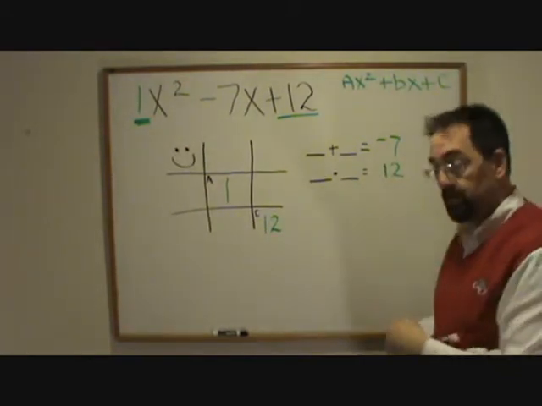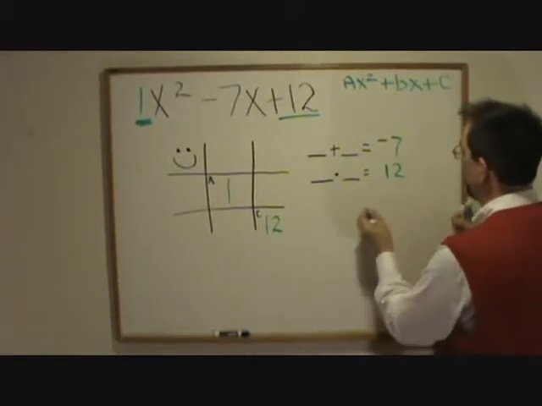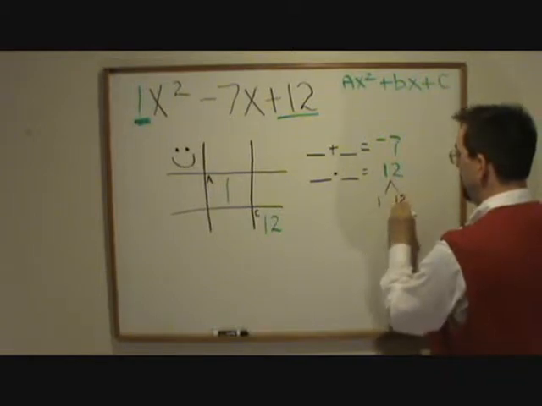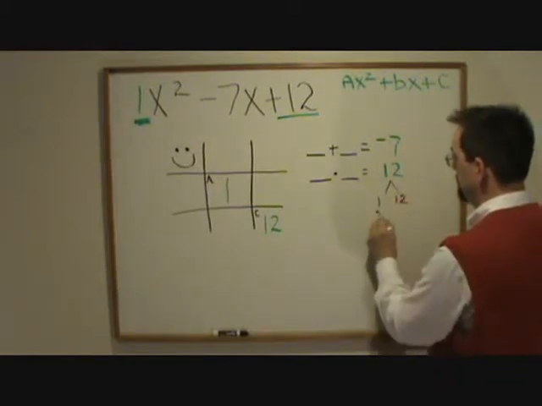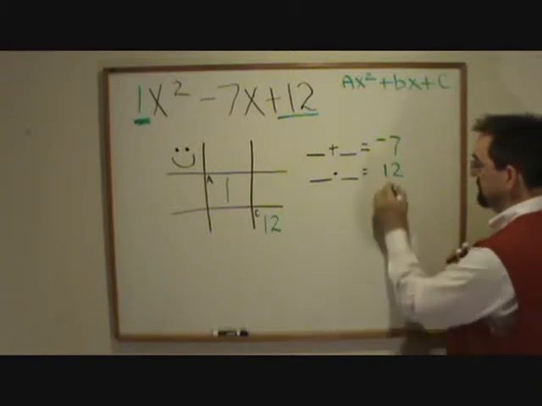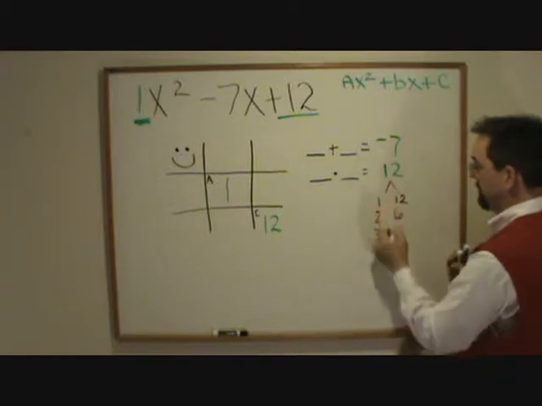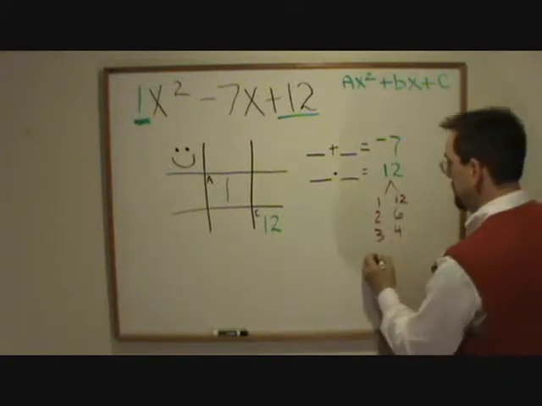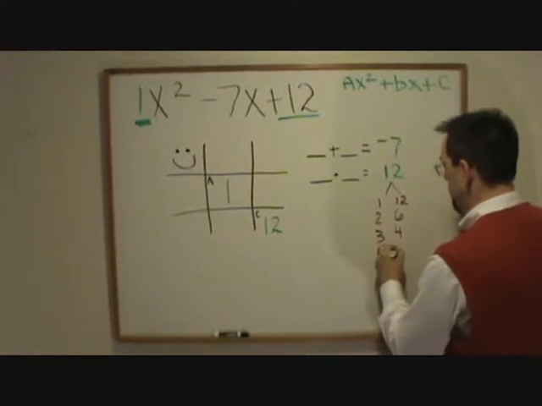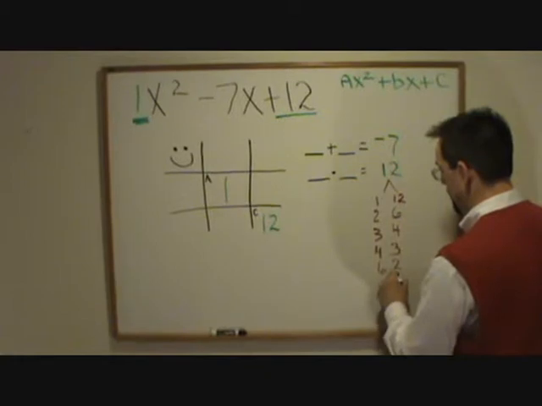Okay, let's build a factor tree. 1 and 12. 2 and 6, since 2 goes into 12 6 times. 3 and 4, since 3 goes into 12 4 times. And then we have the other way around: 4 and 3, 6 and 2, 12 and 1.